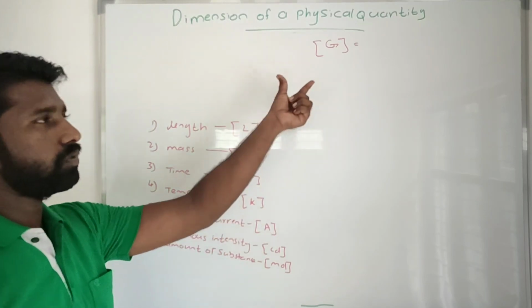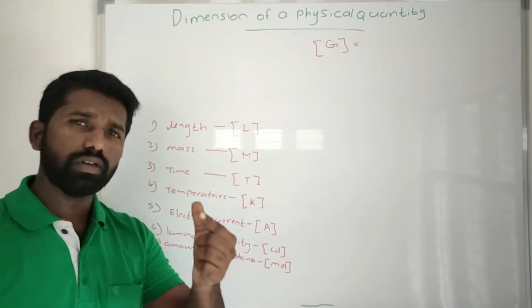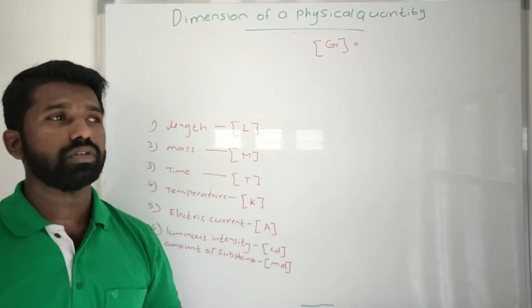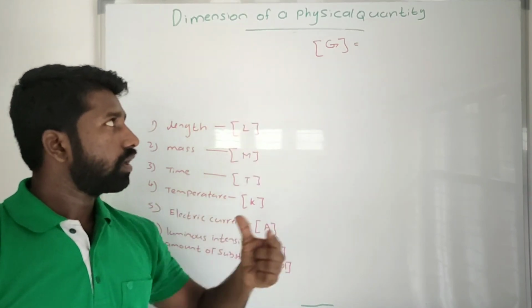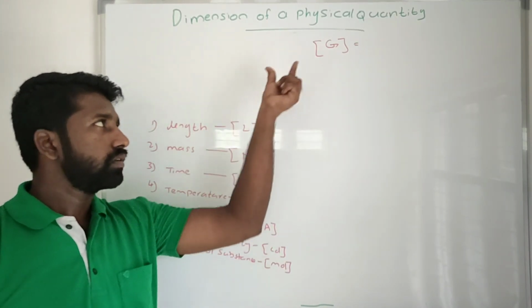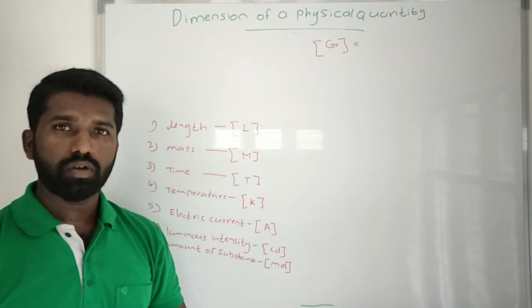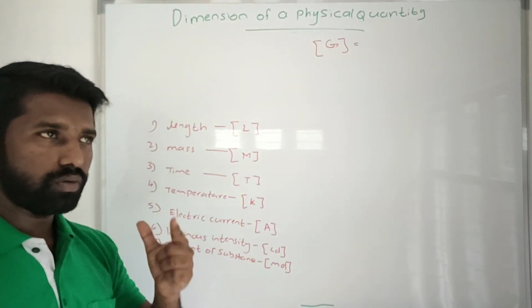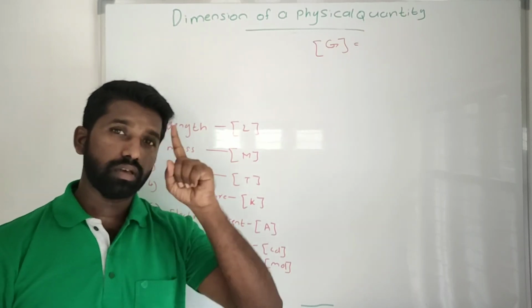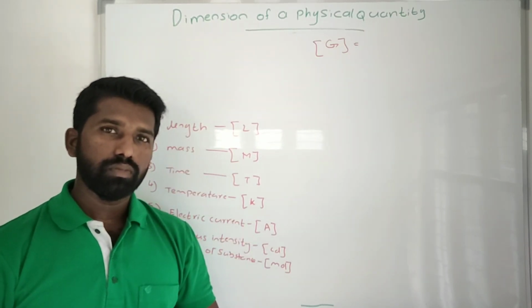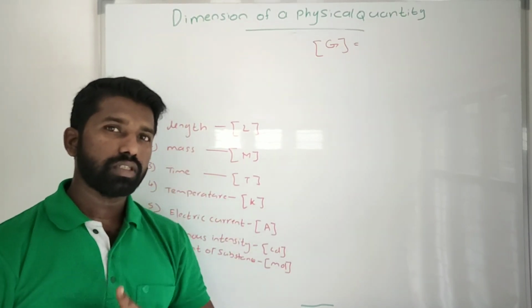Anybody have any idea about this G? G is a universal gravitational constant. So I need a formula, then only I can find the dimension of G. I know G is there in the universal gravitational equation.